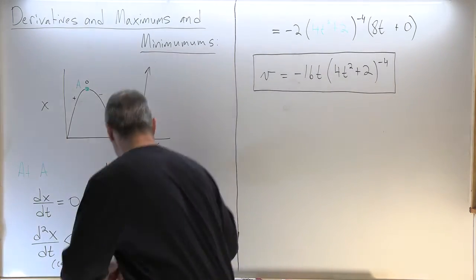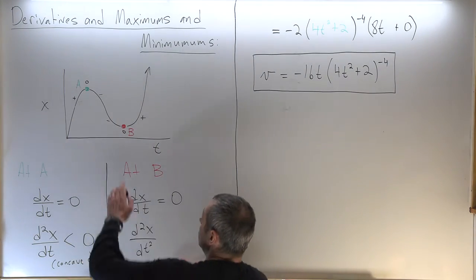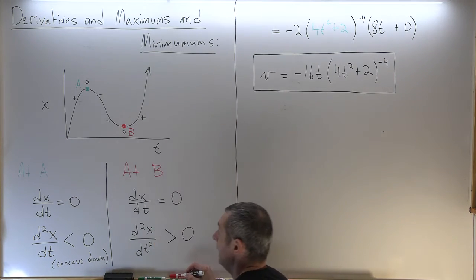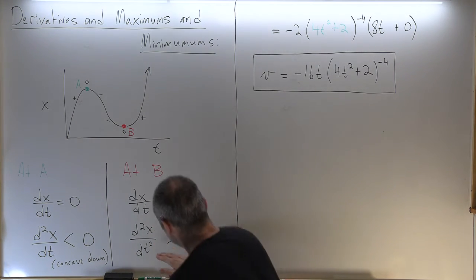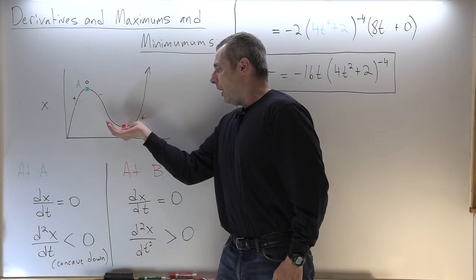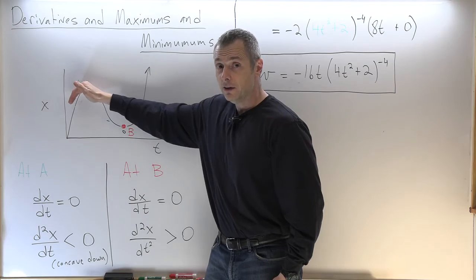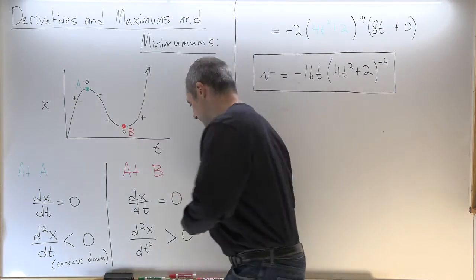We write it like this. In this case, it's greater than 0. And that means from a graph, when you have a second derivative that's positive, greater than 0, the function is not concave down, but concave up.